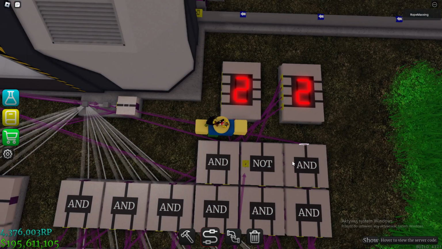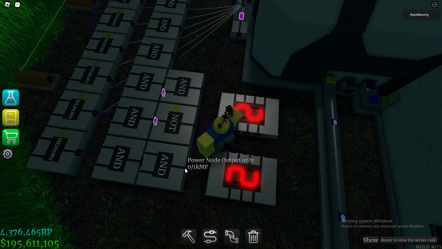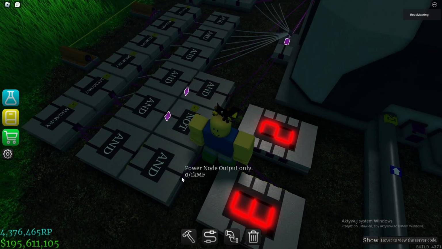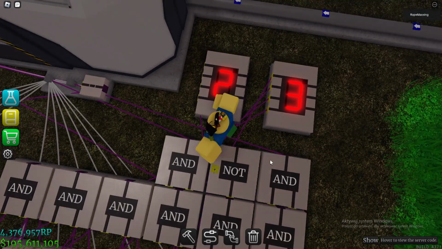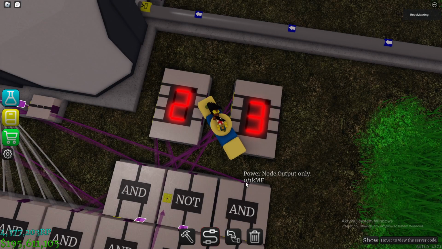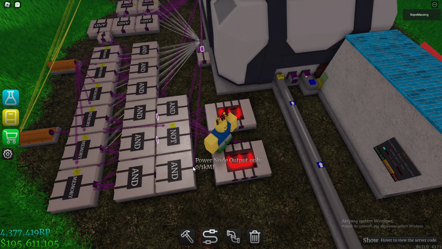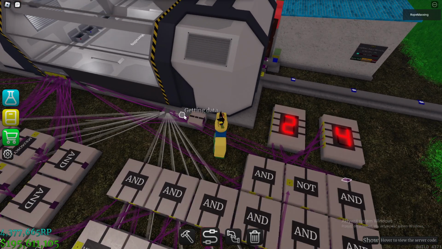After that, of course, let me get back on track. You will be able to connect this AND gate into the input for the NOT gate and the right input of the AND gate, and also you'll be able to connect this AND gate into the output NOT.